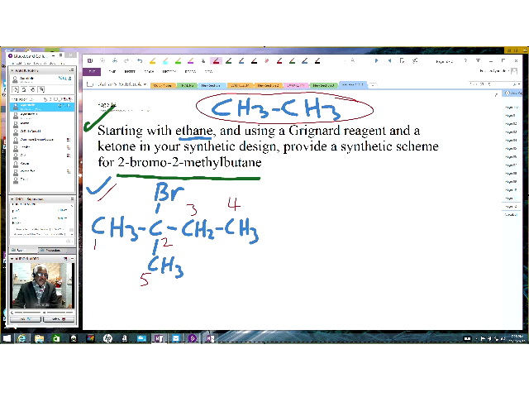Given the fact that you have to use a Grignard reagent, which of these carbons will be coming from your Grignard reagent? Anybody has an idea? Which of these carbons? 1 and 5.